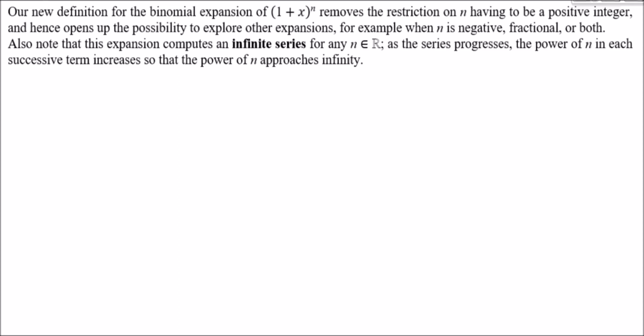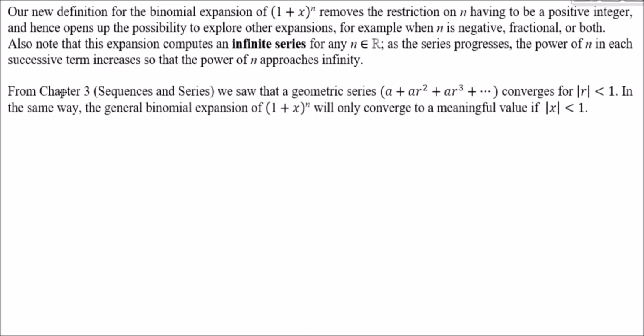So what does this mean? Well, from chapter 3, the one we just did, sequences and series, we saw that a geometric series with common ratio r and first term a, which will always look like this, a plus ar plus ar squared plus ar cubed and so on, will only converge when the magnitude of the common ratio is less than 1.